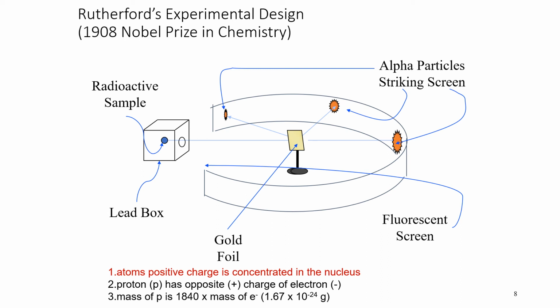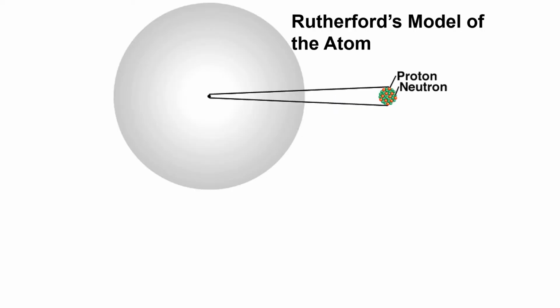He was also able to determine the mass of that proton, which is 1,800 times larger than the mass of an electron. For our purposes, we say that the proton has a mass of 1 atomic mass unit, and because the mass of the electron is so negligible, it has no mass.